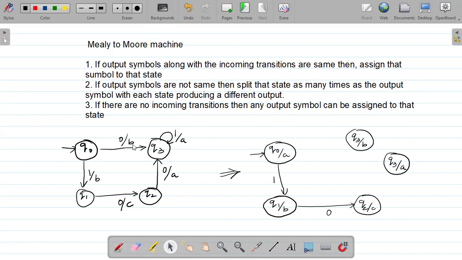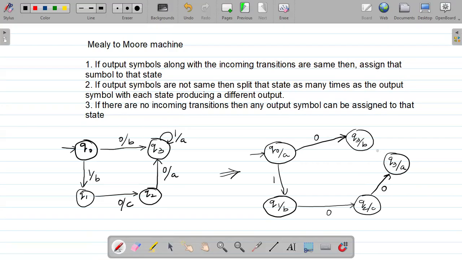The transition with B as the output is from Q0, so we will connect Q3B from Q0, where the input is 0 and the output is B. Q2 is connected to Q3 on getting 0 as the input, with A as the output, so we connect it to Q3A.